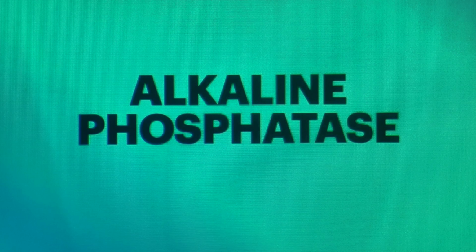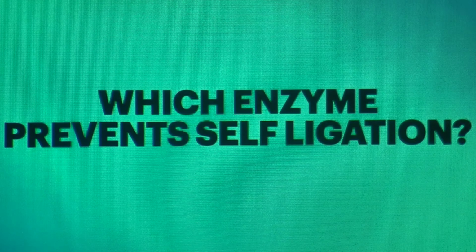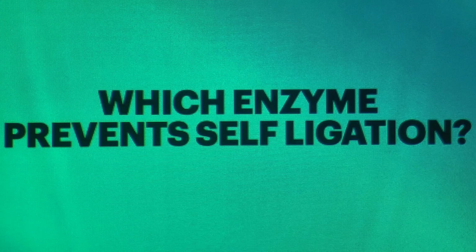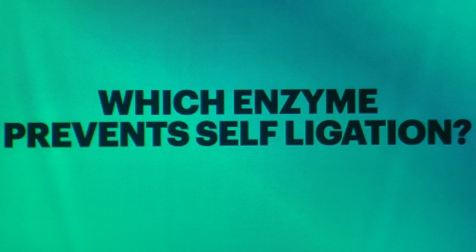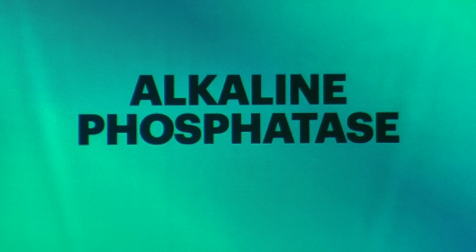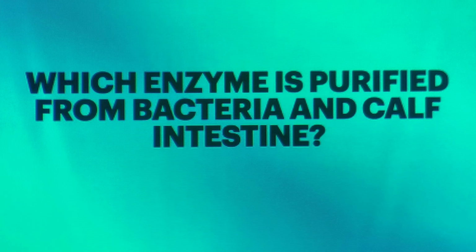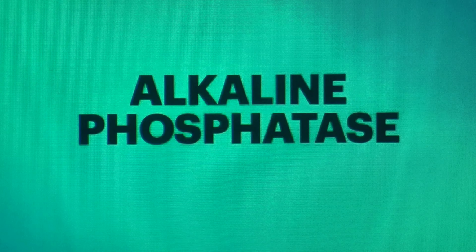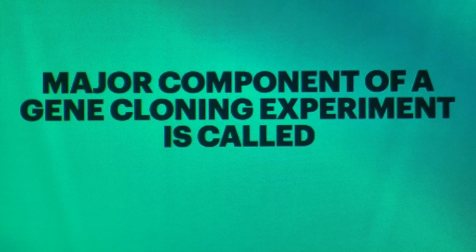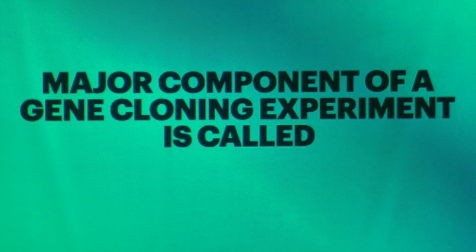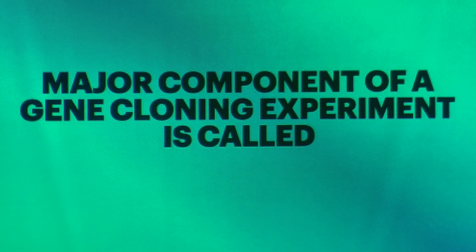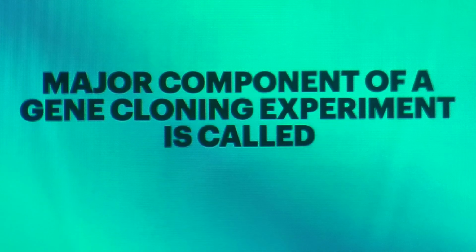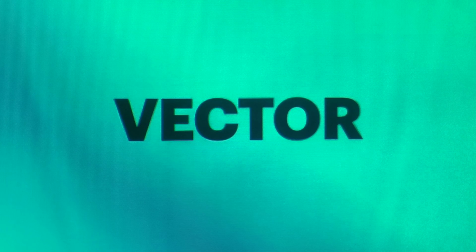Alkaline phosphatase. Which enzyme prevents self-ligation? Alkaline phosphatase. Which enzyme is purified from bacteria and calf intestine? Alkaline phosphatase. Major component of a gene cloning experiment is called vector.